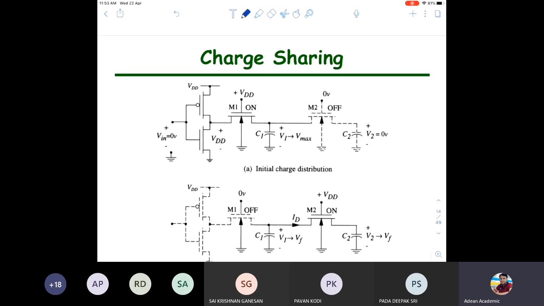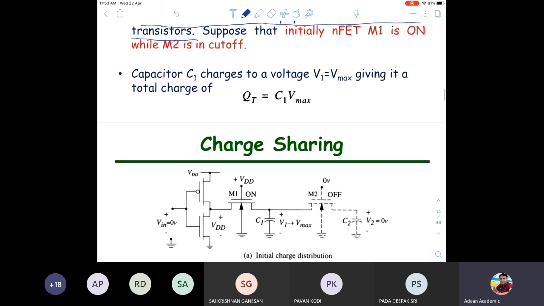Therefore the voltage across the first capacitor C1 is Vmax. So capacitor C1 charges to a voltage V1, which is Vmax, giving a total charge QT.